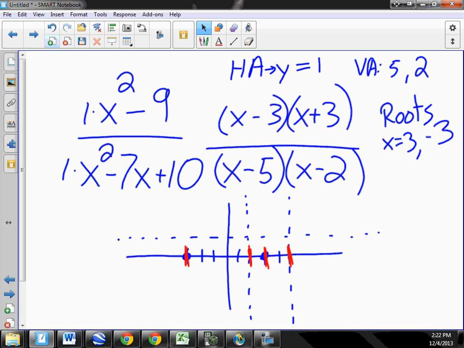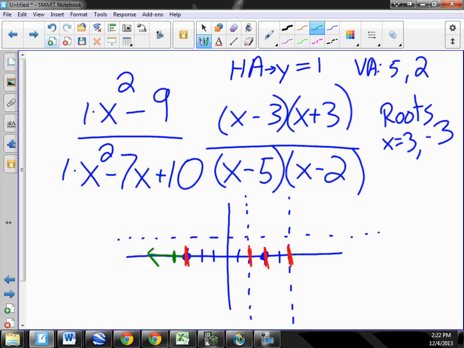Well, I guess I can use that calculator. So I need to test over here on the left side. What number should I plug in? Negative 4. I want it to be as small as possible, and whole numbers are usually easier. So I want to plug in negative 4. What am I looking for? Not positive or negative in this case. Bigger than 1 or smaller than 1. I want to know, do I graph above the horizontal asymptote or below the horizontal asymptote? So I'm going to plug in negative 4.